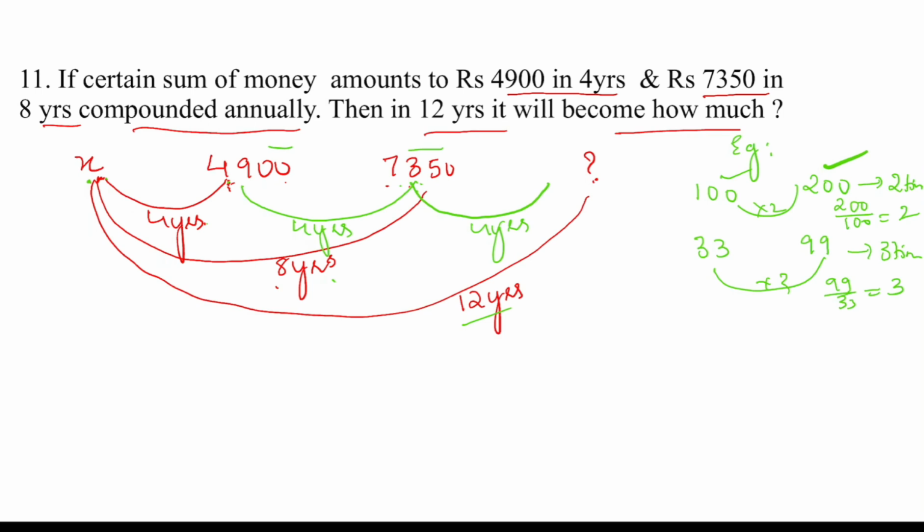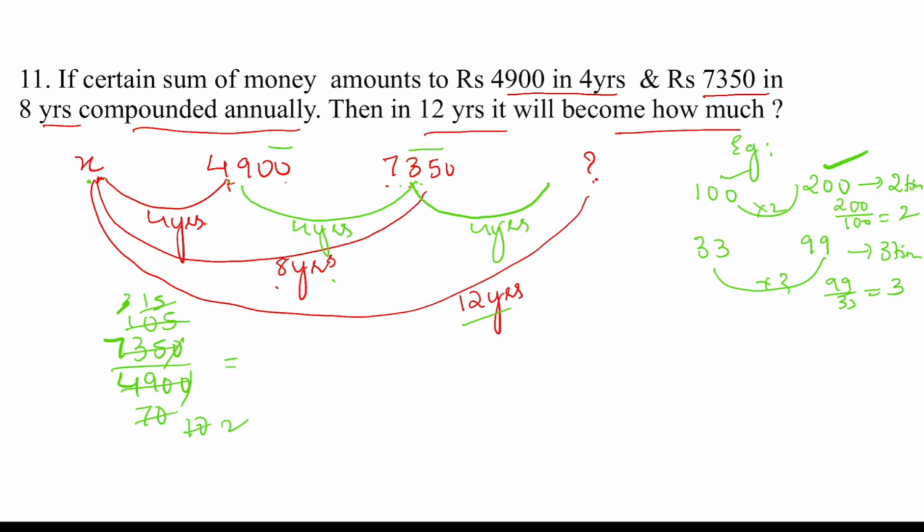So 7350 divided by 4900. The 0s cancel, 7 1s are 7, 7 5s are 35. Then again it is 7 10s are 70, 7 1s are 7 and 7 5s are 35, 5 2s are 10, 5 3s are 15.